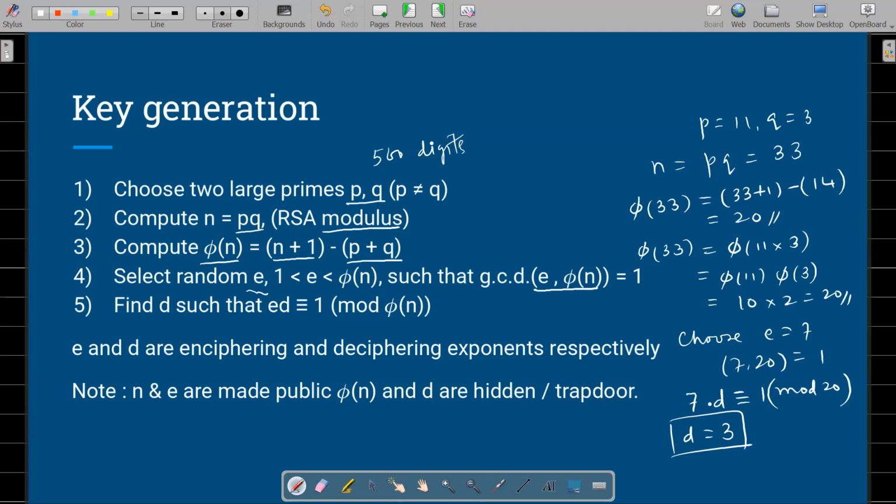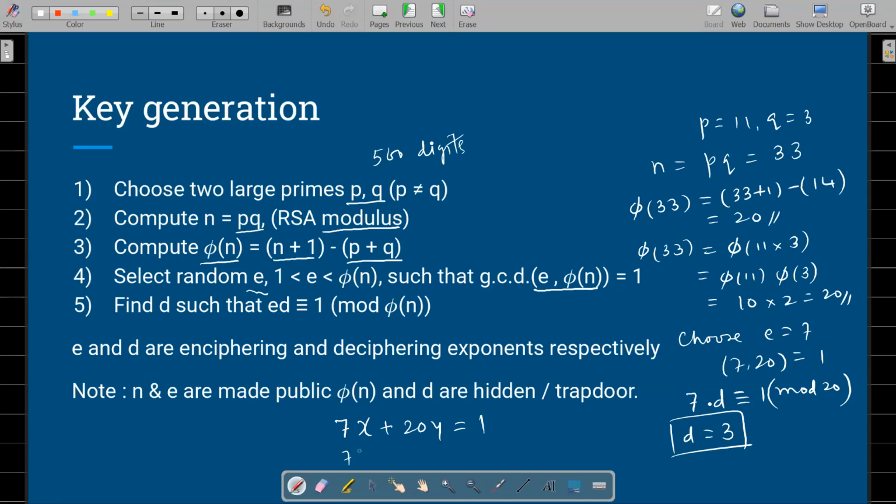Sir, how was D 3? This is just by trial and error because the numbers are small, but otherwise it can be done using the Euclidean algorithm. If GCD of 7 and 20 is 1, I can find suitable integers x and y such that 7x plus 20y is 1.